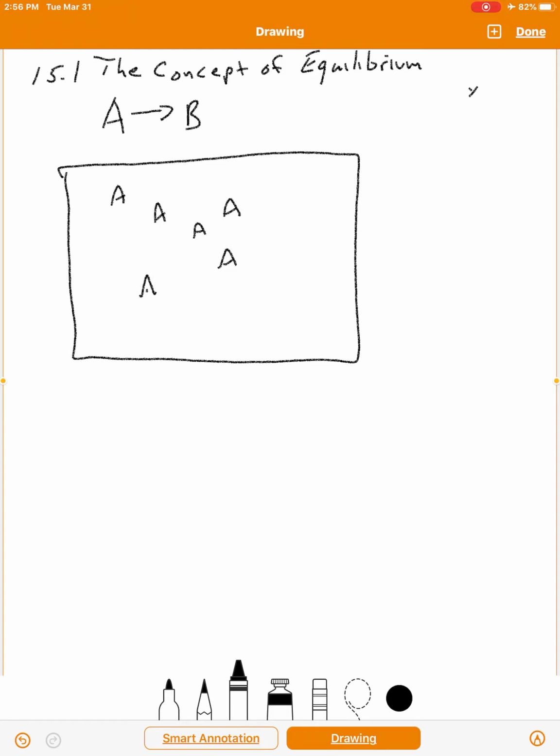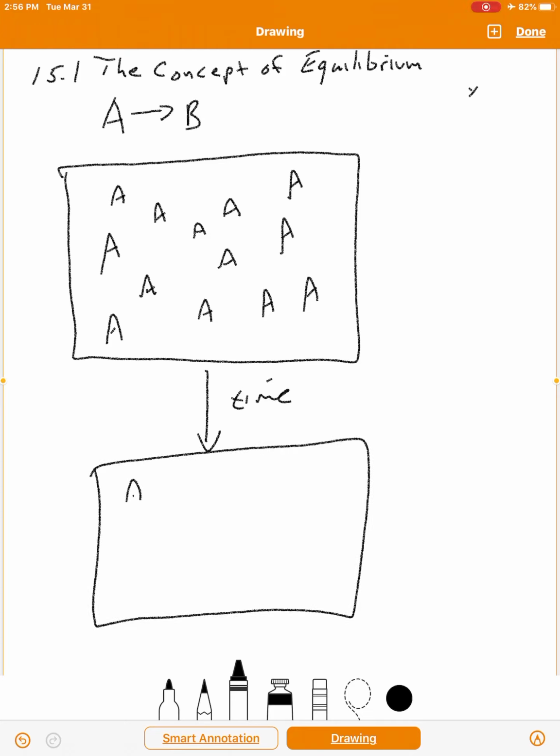I'm only putting in the reactant. Over time, what you would find is the amount of A's would decrease, right? So now you'd have some A's in there. Let's count them up. There's 13 in there. So 10 A's, and then 3 B's. So 3 of the A's have been converted into B's.